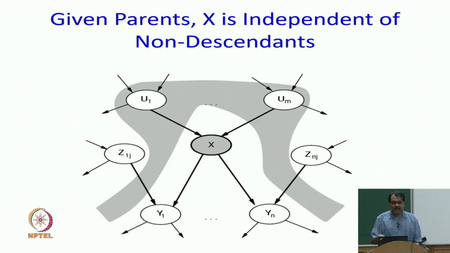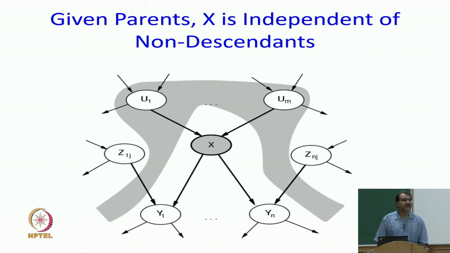That is what this particular theorem is saying: if a random variable's parents are given, that is, known to you, then the node is conditionally independent of all the non-descendants. We did one example.